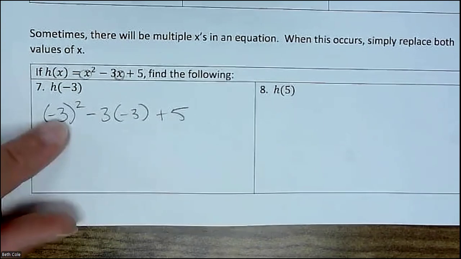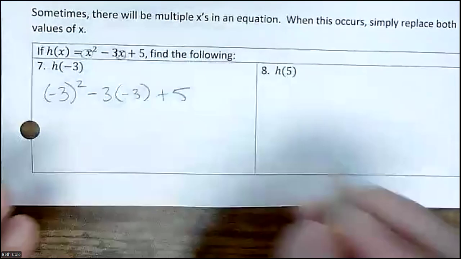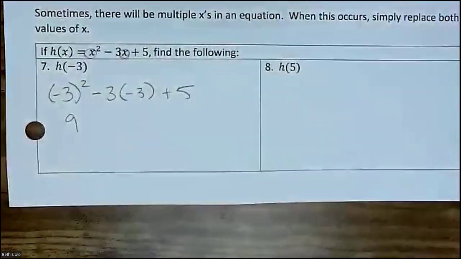Now, when you do negative 3 squared, what that means is negative 3 times itself. That's what a squared means. So it's negative 3 times negative 3, which is going to be what? Well, it is positive, but 3 times 3 is 9. Okay.